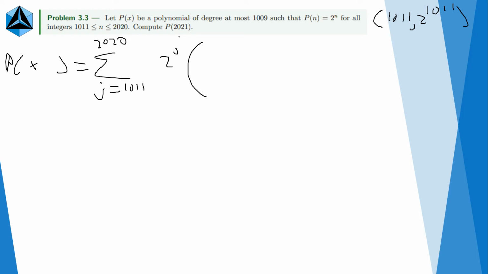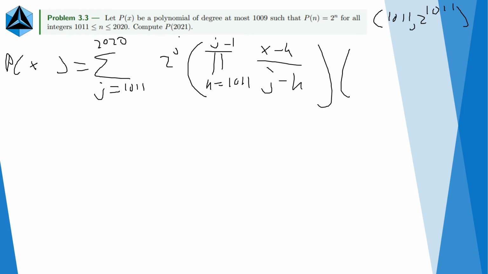So the first product is when k is less than j, so it starts at k equal to 1011, and it goes until j minus 1, so right before it hits j, and inside is just x minus k divided by j minus k. And the second product is after the j, so it's at k equals j plus 1 and goes until the end, 2020. And this is also of x minus k divided by j minus k.